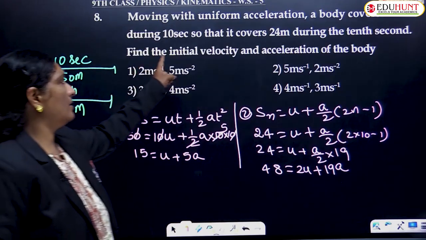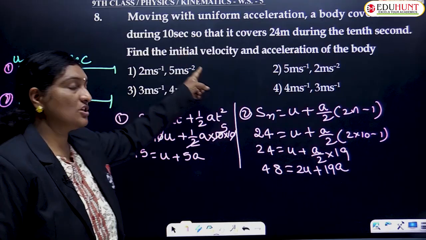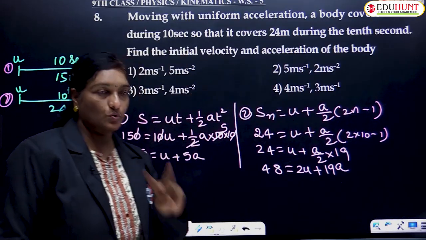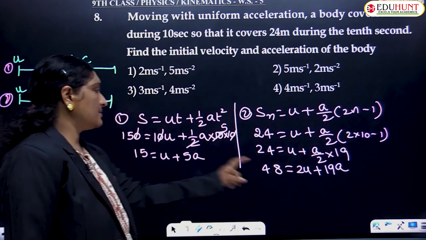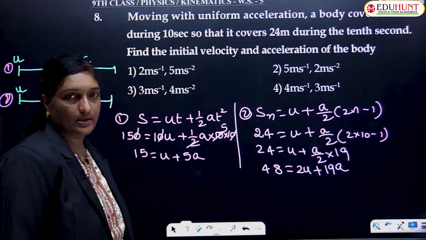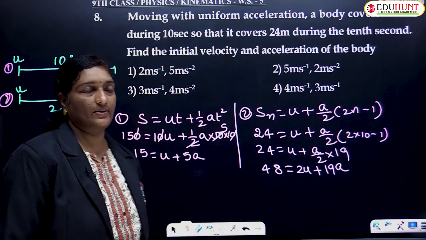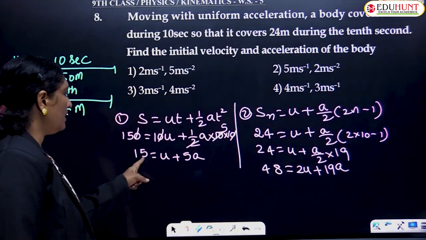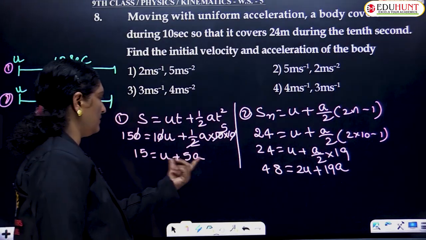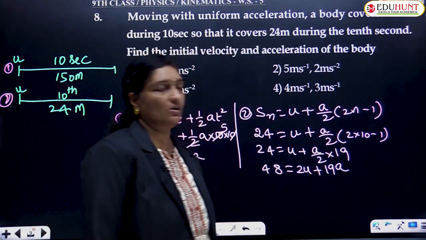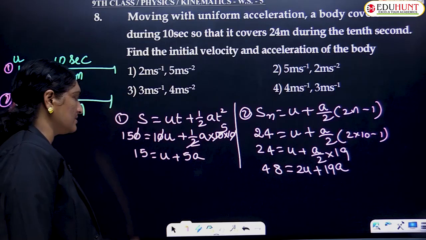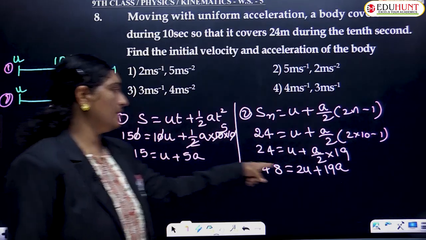Here you are asked to find out the initial velocity as well as the acceleration. Two cases you have to find out. In order to find both acceleration and initial velocity, you first have to make common terms. Here 15, 48; for a the coefficient is 5 and for a the coefficient is 19. So no common factors. But here it is u and here it is 2u.